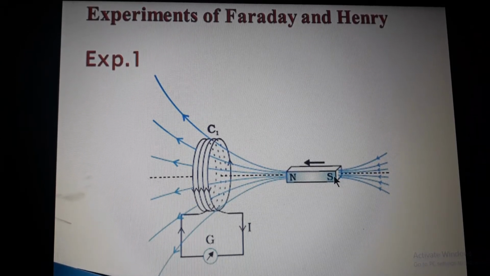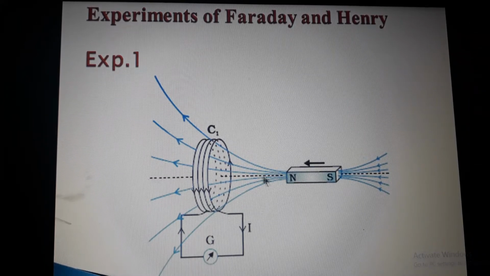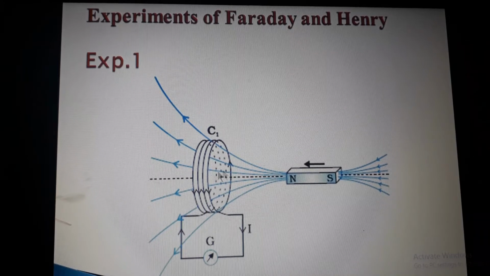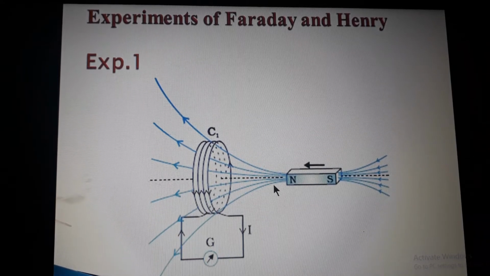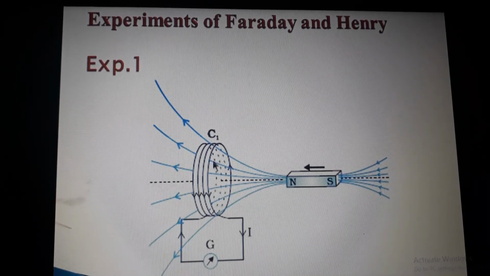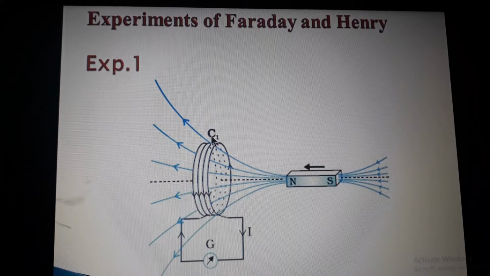When this bar magnet is moved towards this coil, the magnetic field lines, or you can say the magnetic flux, are linked with this coil. When that is linked with this coil, what happened?